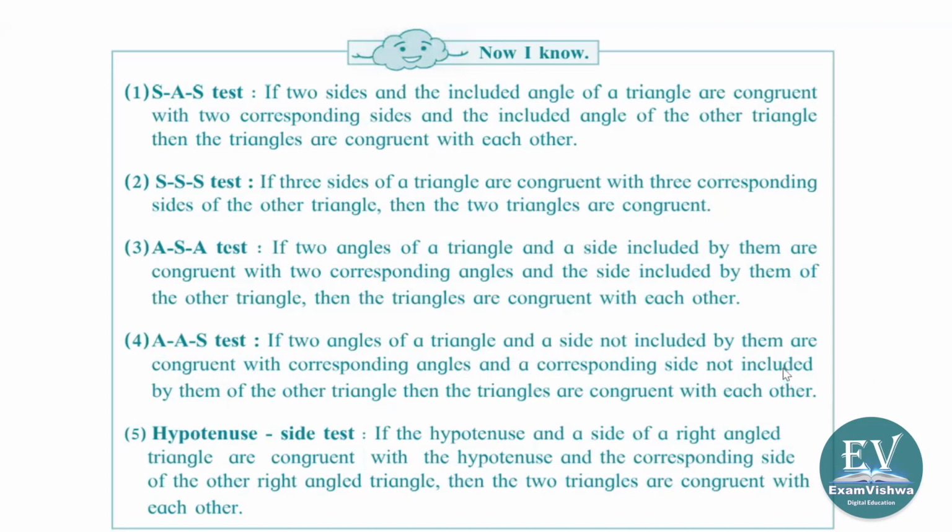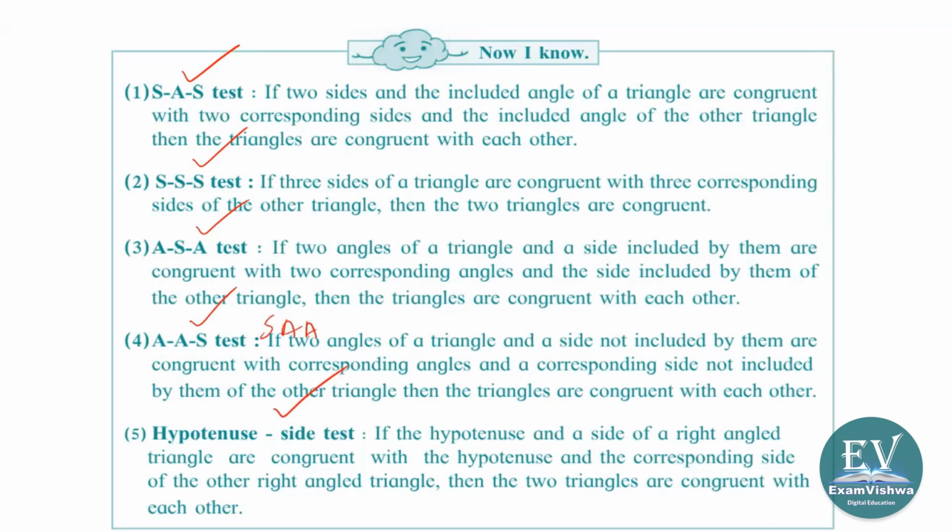Otherwise, you will not be in a position to go ahead yourself. Okay. Now, when we think about different type of test, SAS test, SSS test, ASA test, AAS test, otherwise it is also known as SAA test, hypotenuse side test.